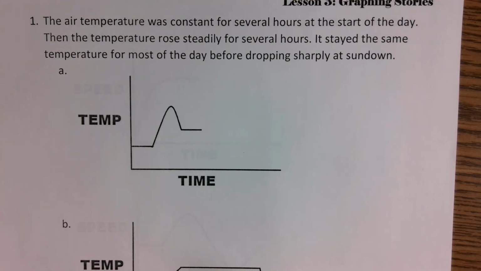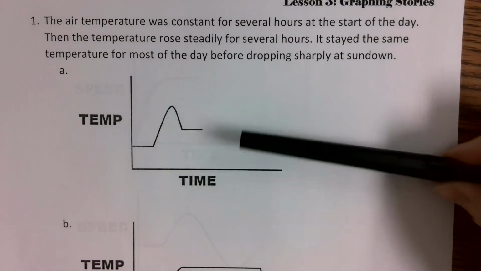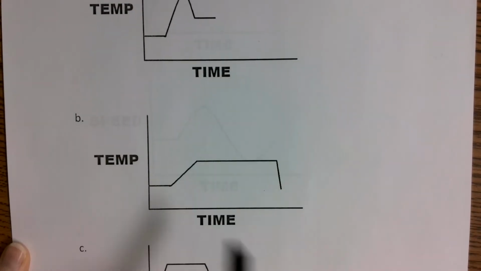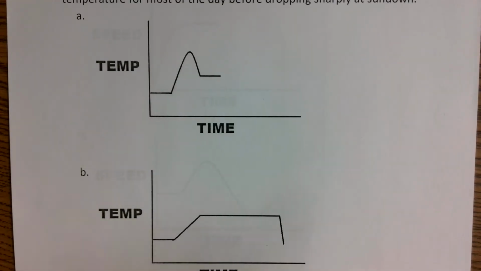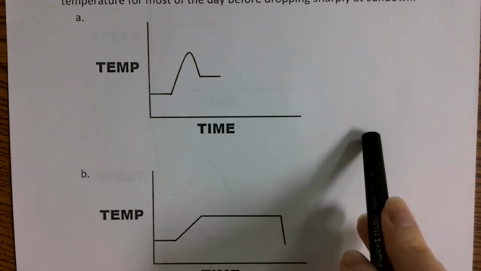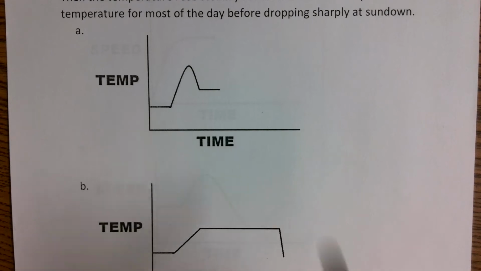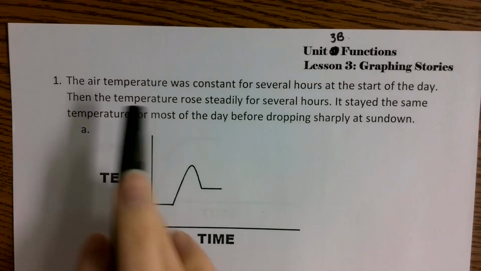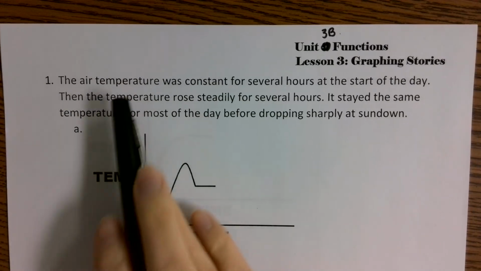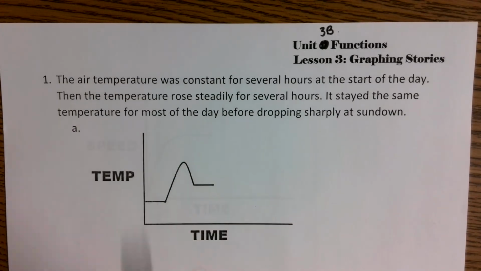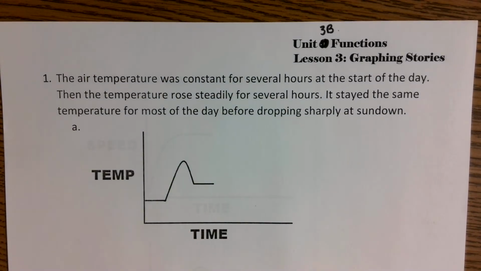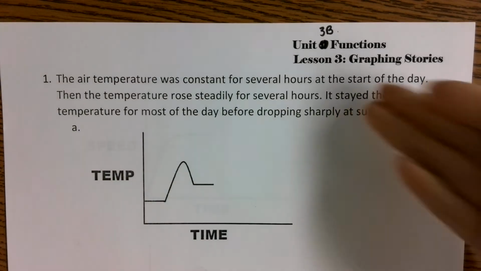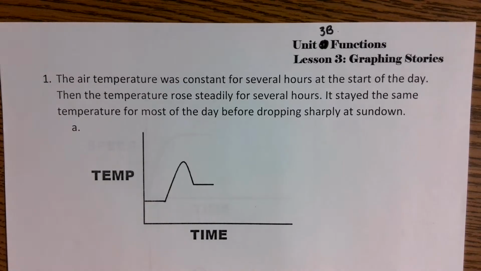We're given a series of different kinds of relations that are graphed in representation of time and temperature. So how temperature relates to time, or how the time relates to the temperature. And we're trying to map out the information that's given to us so that we can identify which one of these graphs represents the story that's been presented to us.